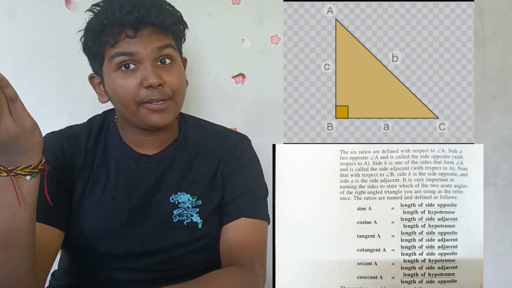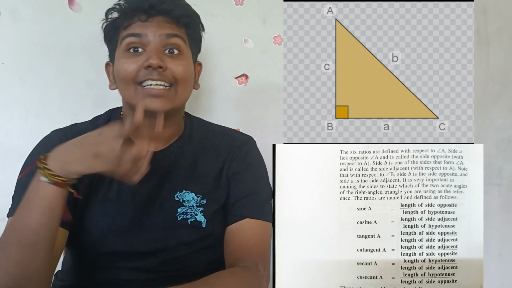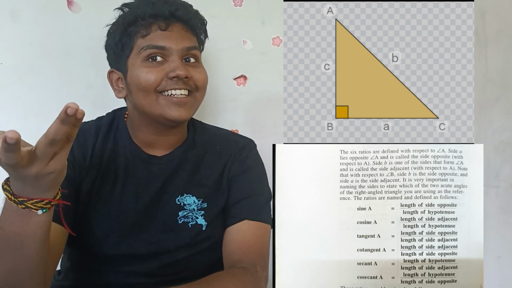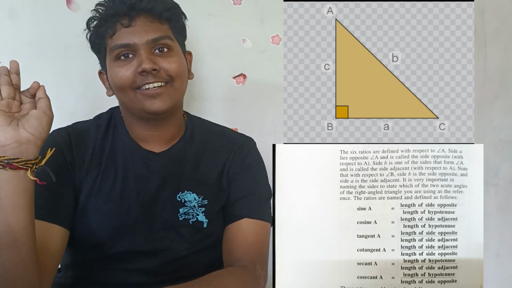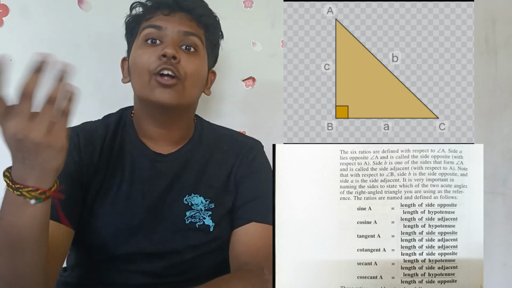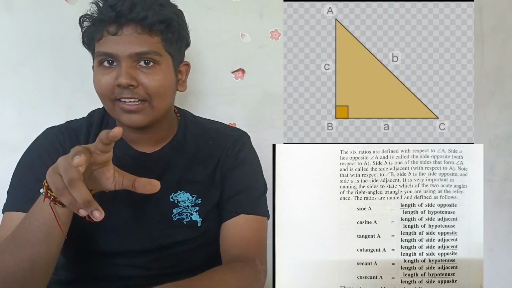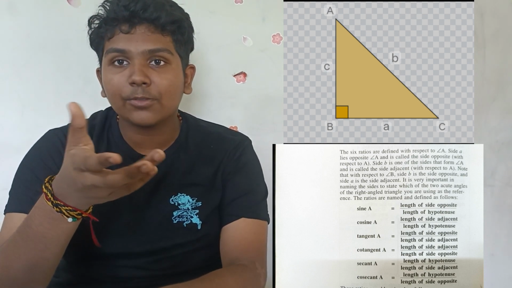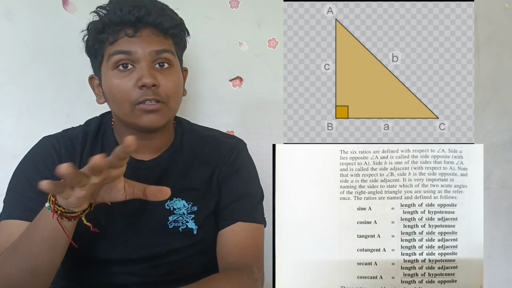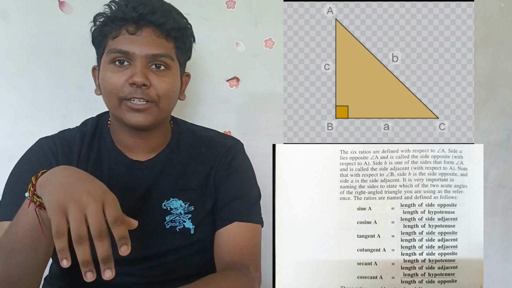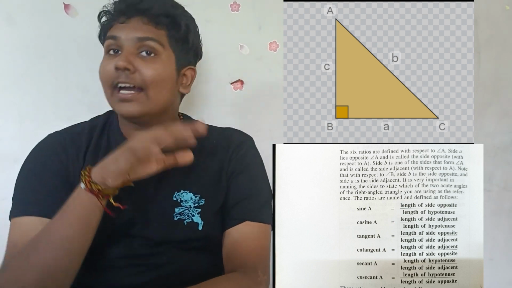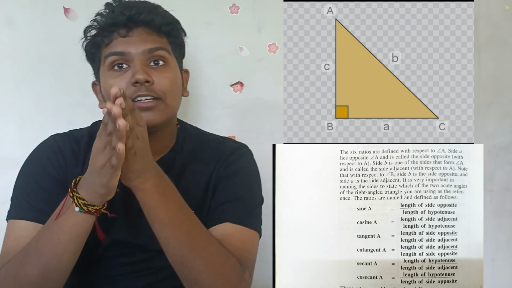Now the co-actor for tangent is cotangent, or cot. You know what a cot is, right? If you don't know, you can go check the dictionary. I'm not going to say it. It's for you guys. What is cotangent?